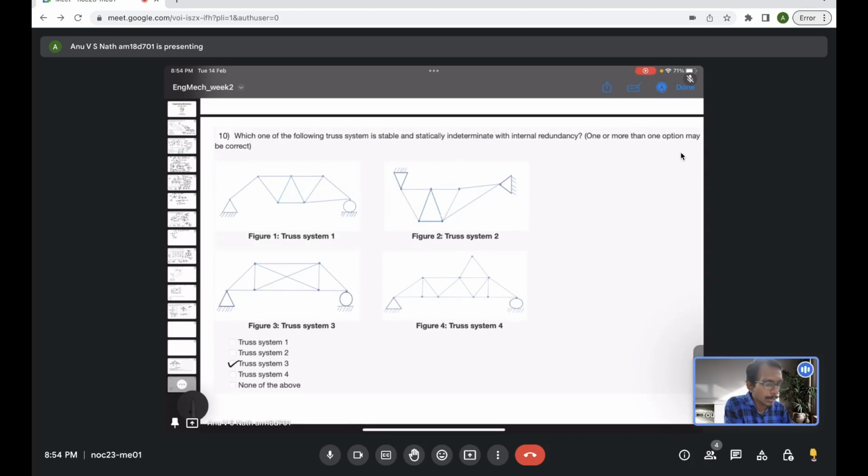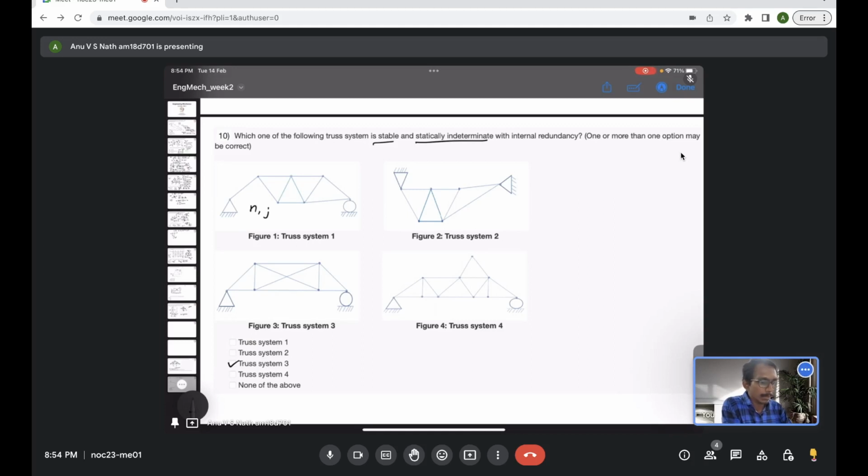So I have asked them to reevaluate it using truss system 3 as the option, because basically it's asking for stable and statically indeterminate. So option 1 you can say is not stable at all, because if a triangle is here, it will be stable. See, you can formally evaluate these things using the number of joints, number of links, and number of external and internal forces.